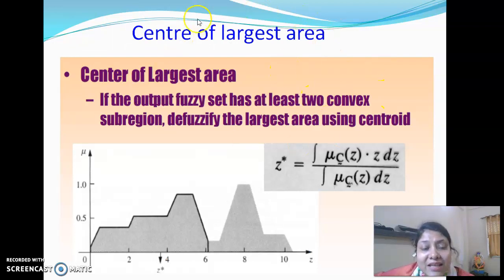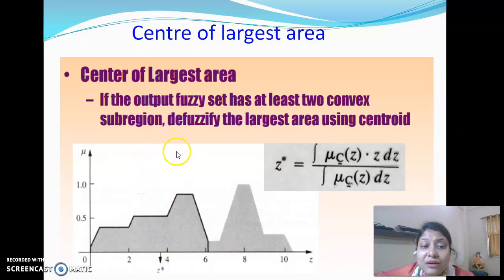Now coming to the next one, this is the center of the largest area. It is the concept that if you have variable membership functions of one fuzzy set, then you need to find the largest area, and depending on that largest area, you need to find the center of that largest area.